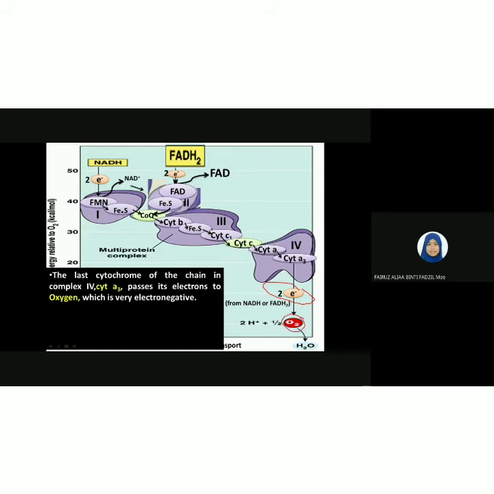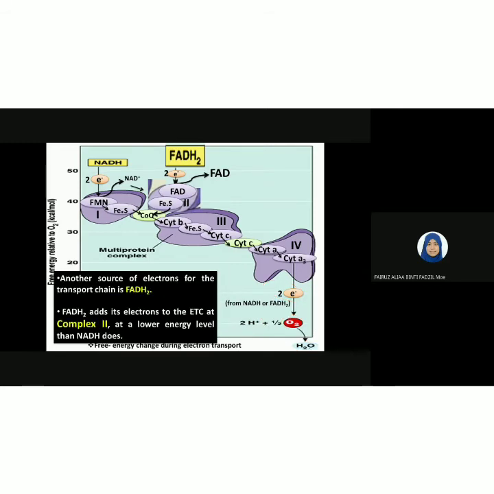Oxygen is the most electronegative of all the electron carriers in this electron transport chain. Besides accepting electrons from cytochrome A3, oxygen also accepts 2 hydrogen atoms from the surrounding, and the product will be water. That's why in aerobic respiration, water is one of the products, because oxygen accepts the electrons together with the protons and forms water.